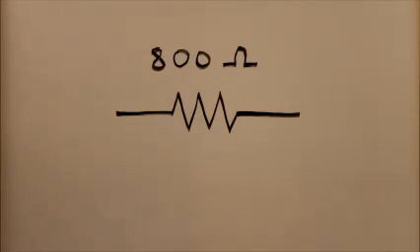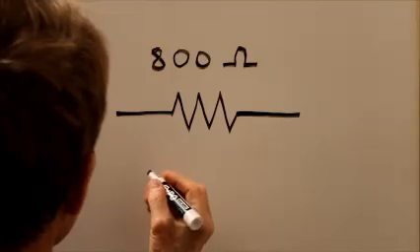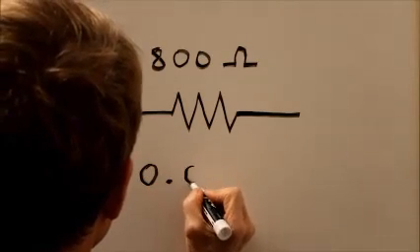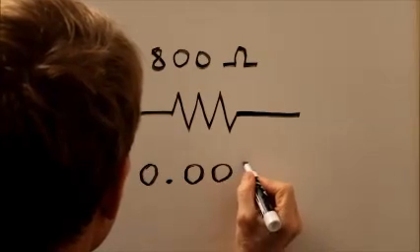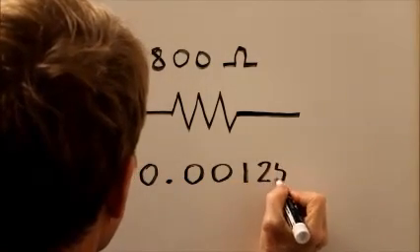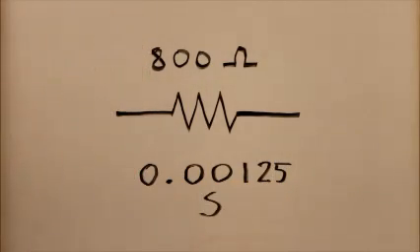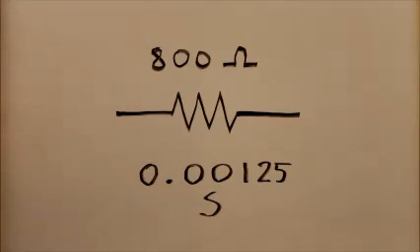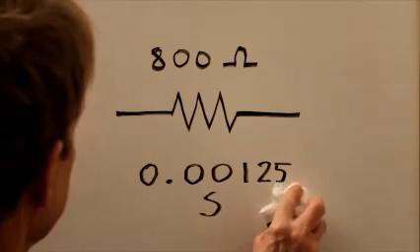However, if we take a calculator and we work that out, this is what we'll get. 0.00125 Siemens. Well, that's not any of our choices either. However, remember that we can also use units of a millisiemens, where a millisiemens equals 1,000th of a Siemens.